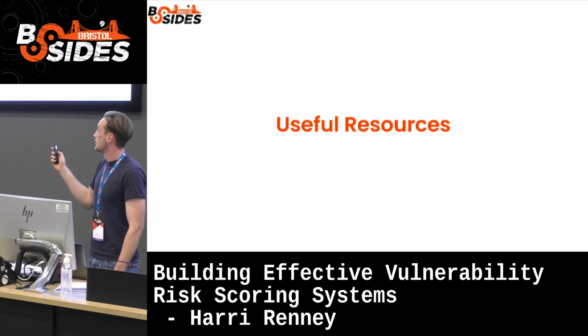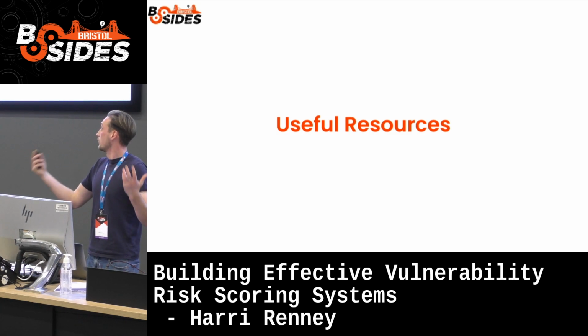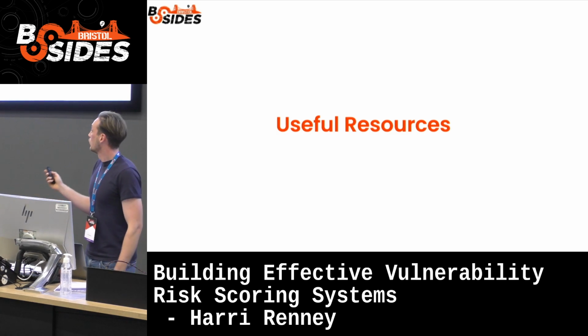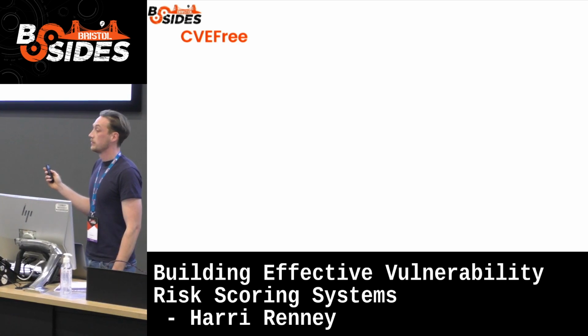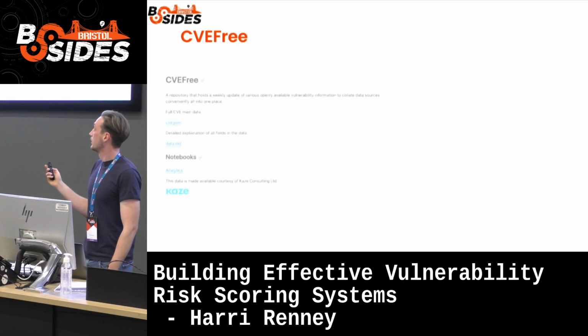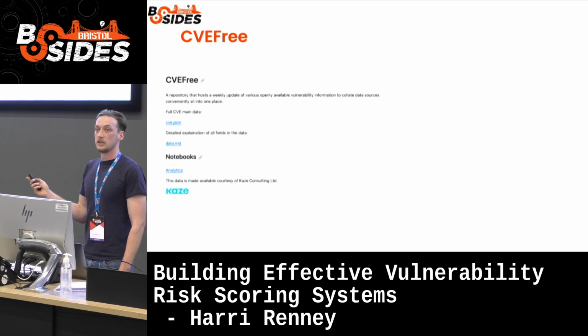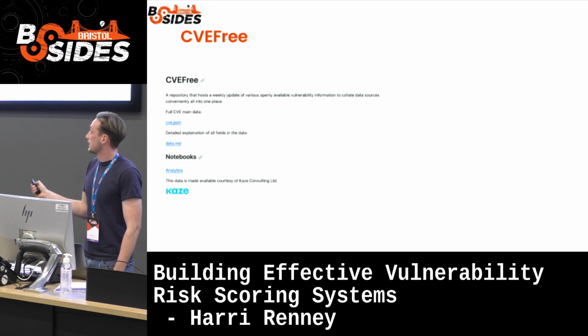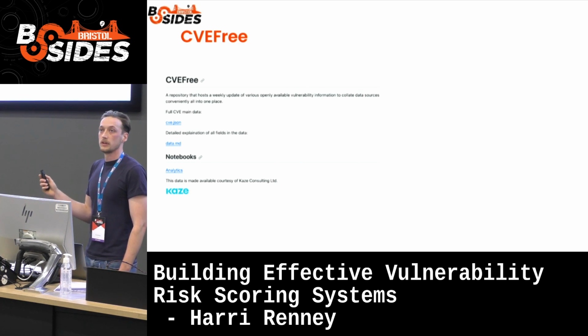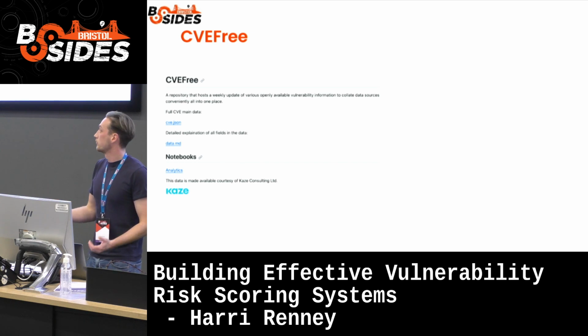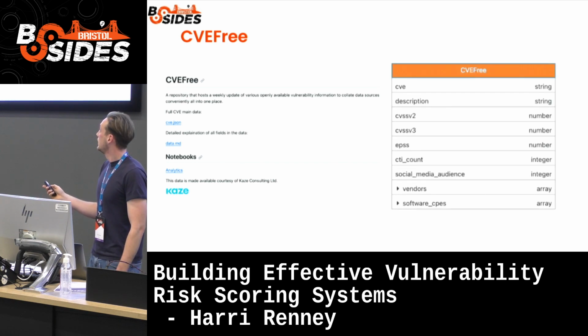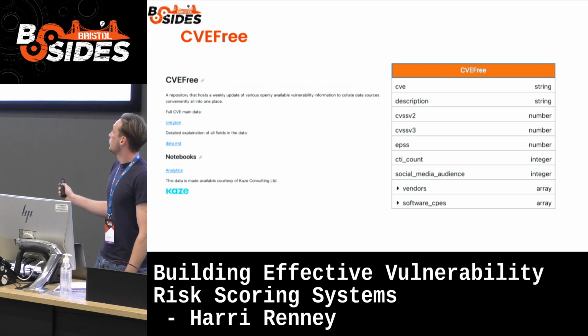So quickly, some useful resources I'd like to press on that you can use if you want to build your own risk formula. At Cyber K's, we have a Git repository. We routinely, weekly, publish all the latest vulnerability information we have to this repository with a schema that looks like this.